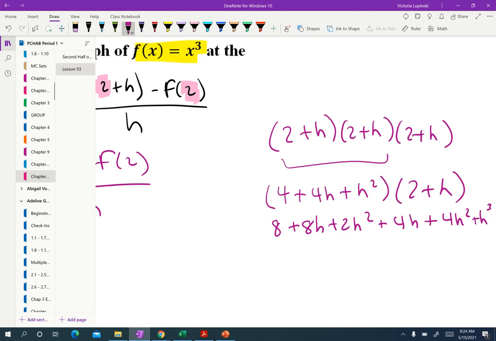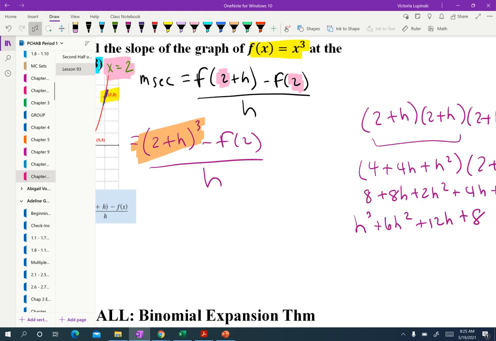If I go ahead and try to clean that up a touch, looks like I can rewrite this as h cubed and then 6h squared plus 12h plus 8. And let me just go ahead and make sure that I wrote that correctly. So 8 plus 12h plus 6h squared plus h cubed. Okay, that looks good. So as I go ahead and move back to my problem here, I'm going to write my next line of work as what I just found.